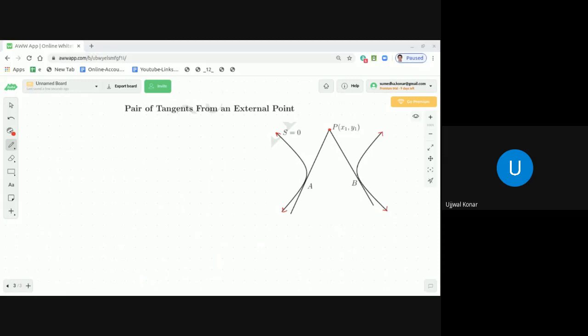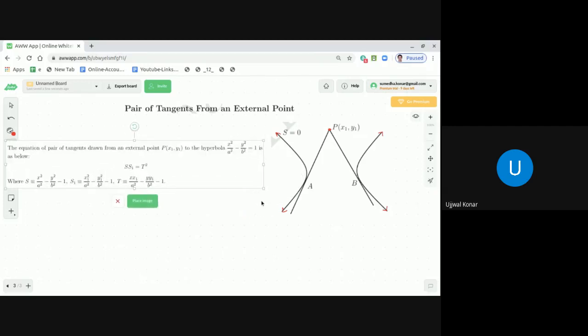That means it will be an equation in second degree in x and y. So let's see how we can find it out. Here we will take the similar approach, the way we have done it for parabola and ellipse as well. Here we will give the symbolic representation of a few expressions, and from there we will be able to find it out, dear students. So here it is.